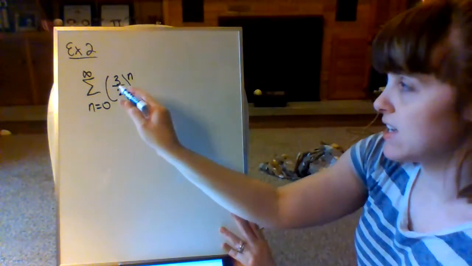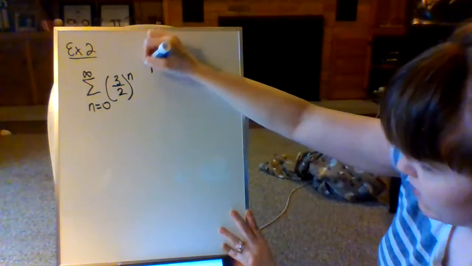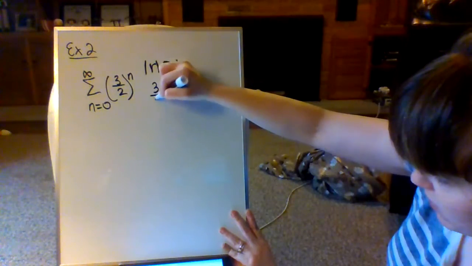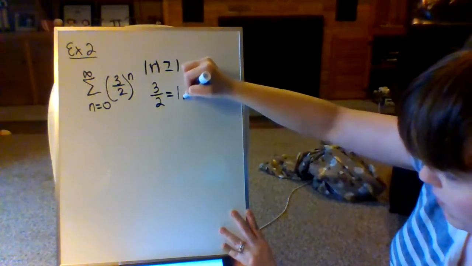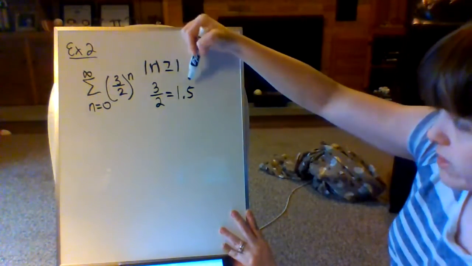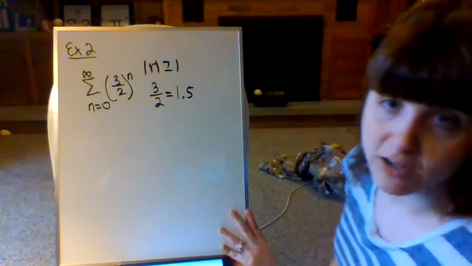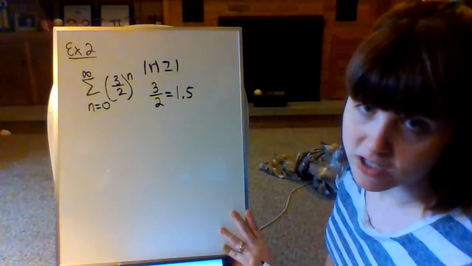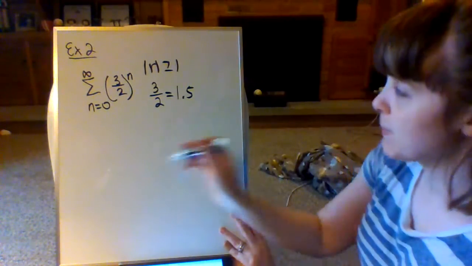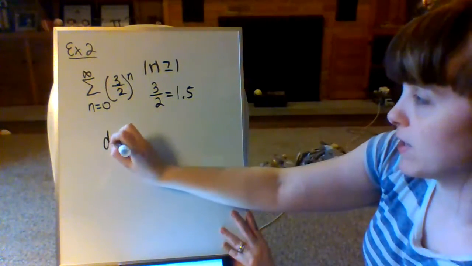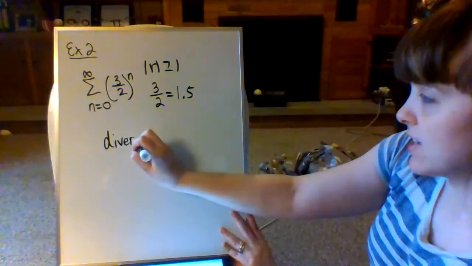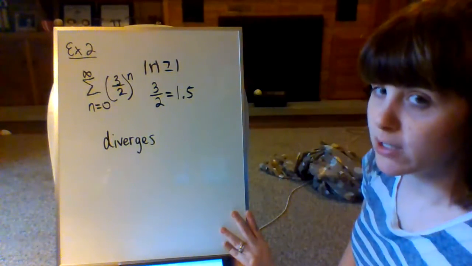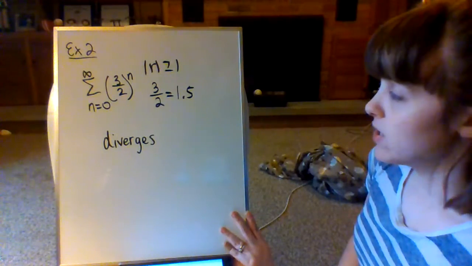And because the absolute value of r is greater than or equal to 1, because 3 over 2 is equal to 1.5, and 1.5 is greater than or equal to 1, we're going to say that this series is divergent, or it diverges. And then you don't have to do the formula because it diverges. That means it doesn't approach a limit, so it diverges.